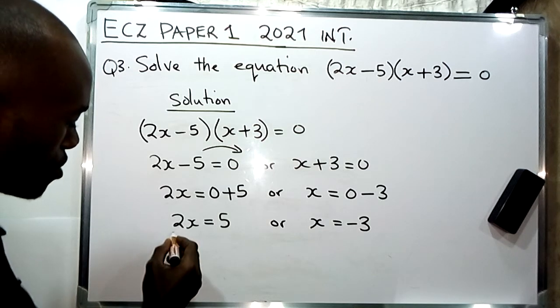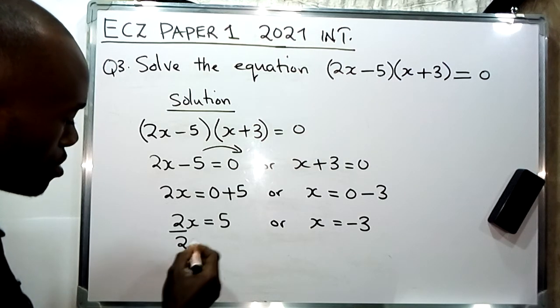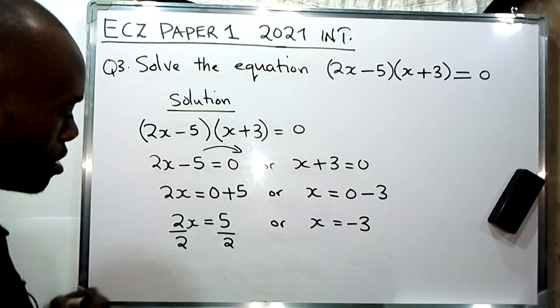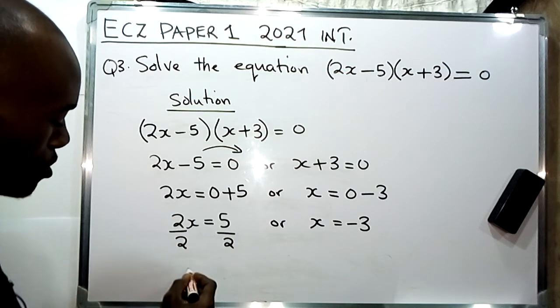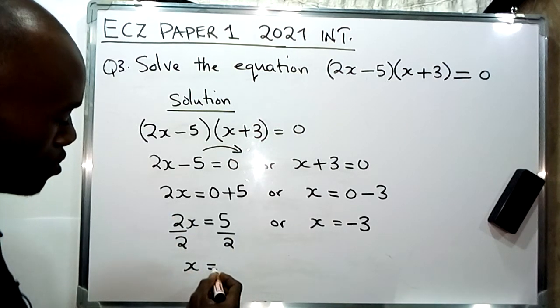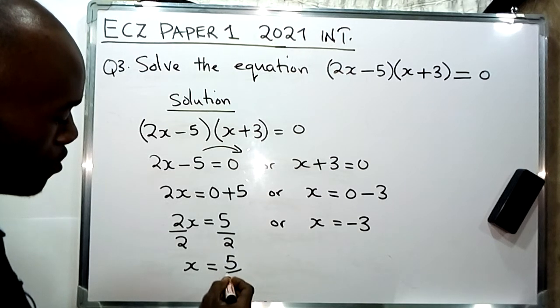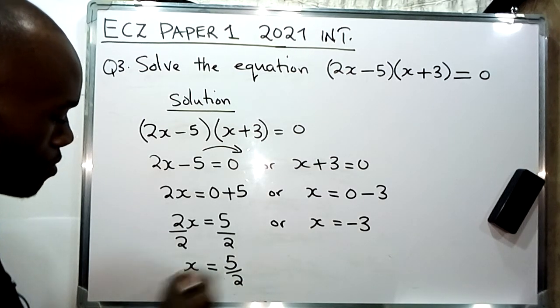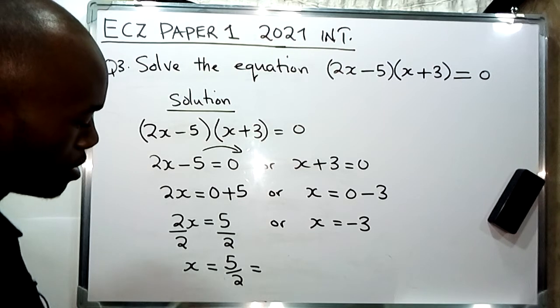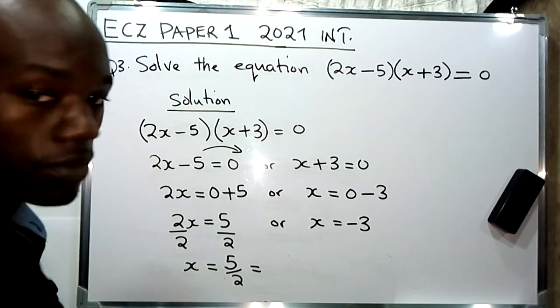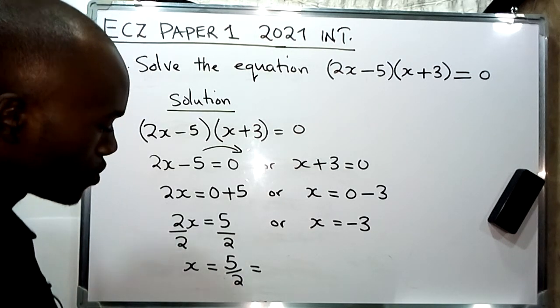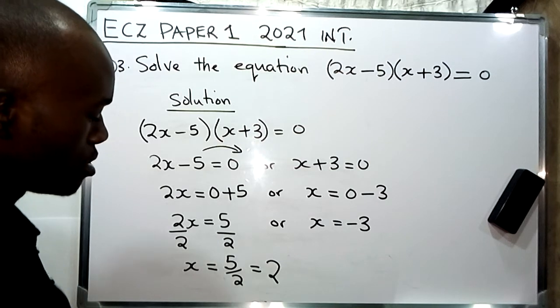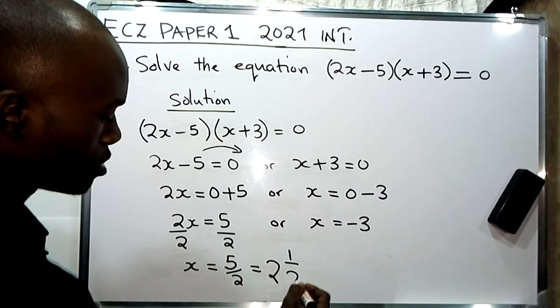So we remain with x = 5 over 2. We can also write this, because it is an improper fraction: 2 can go into 5 two times, remainder 1, so 2 and 1 over 2.